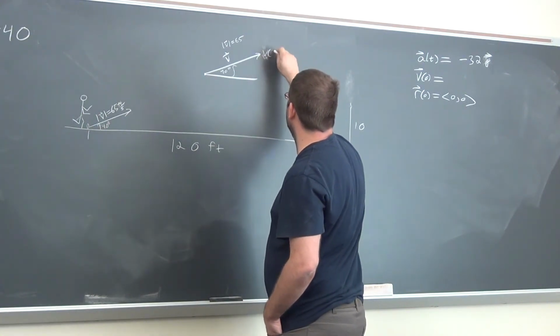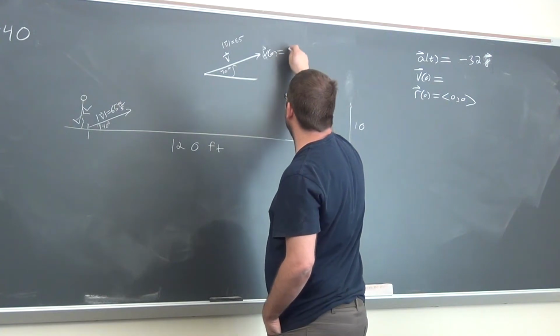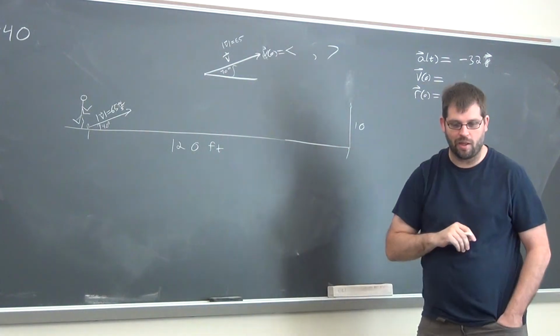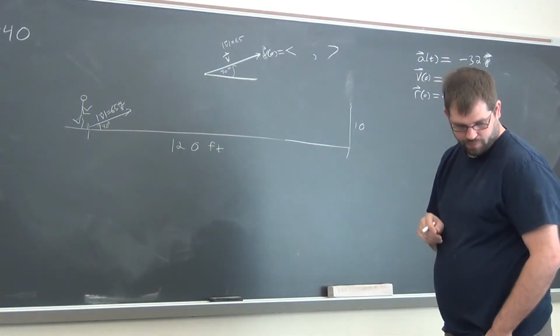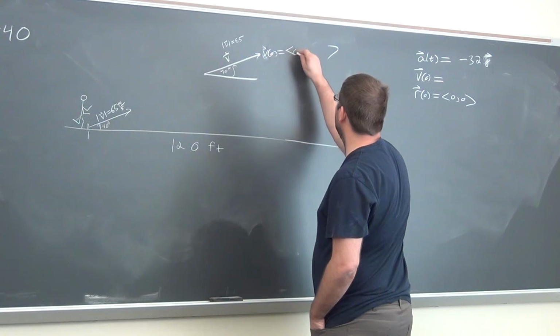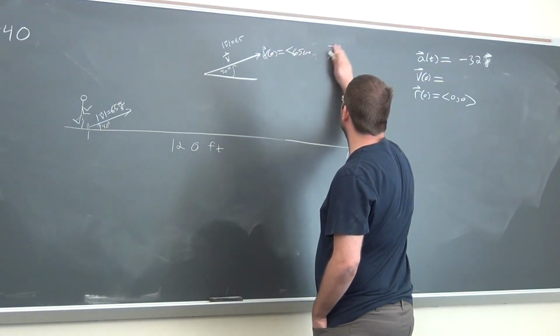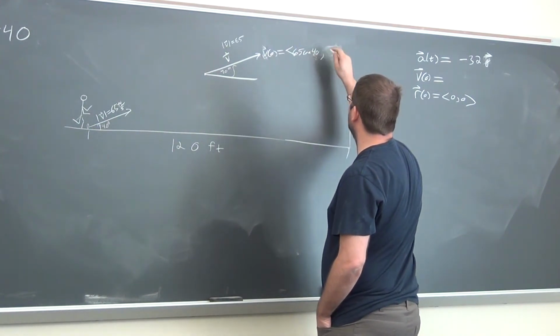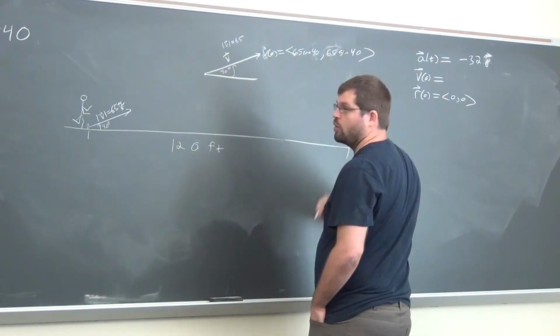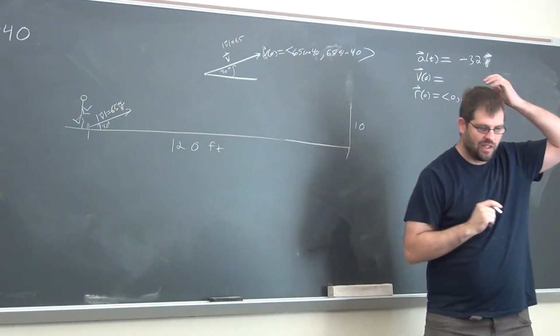Let me write it this way. V of 0 is what? Where am I at in the x position? What's my y position? 65 cosine 40 for your x, and 65 sine 40 for your y. Everyone okay with that?